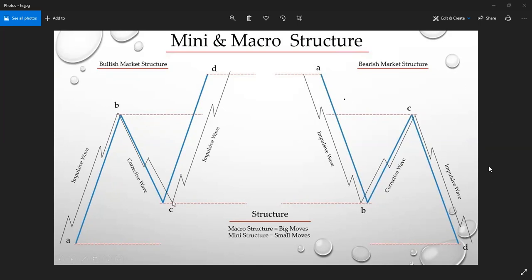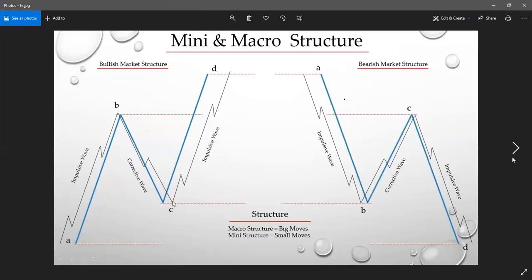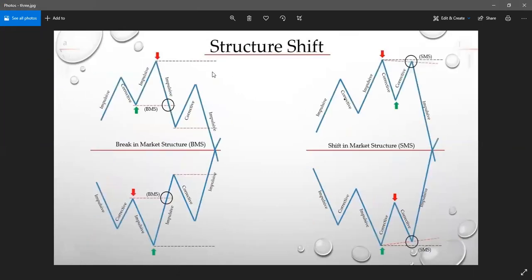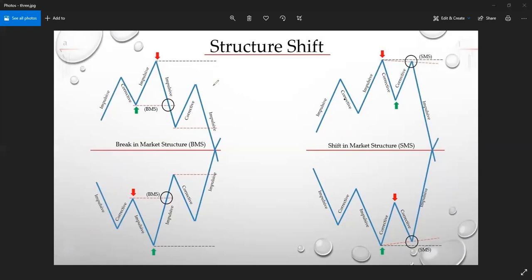the other one, which is called shift in market structure or breaking market structure. Structural shift in market talks about breaking market structure. This breaking market structure also has to do with when a market fails to make a higher high. You see, for example, this one is an impulse.